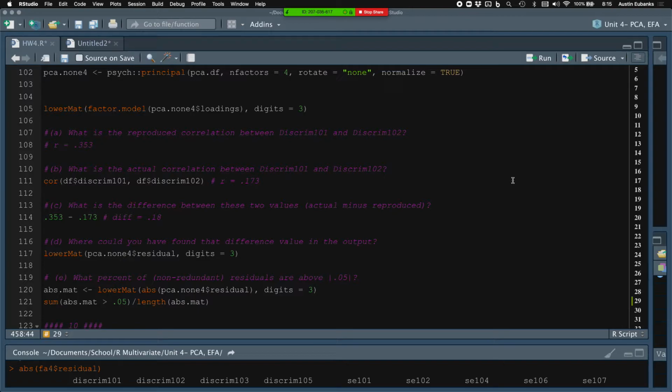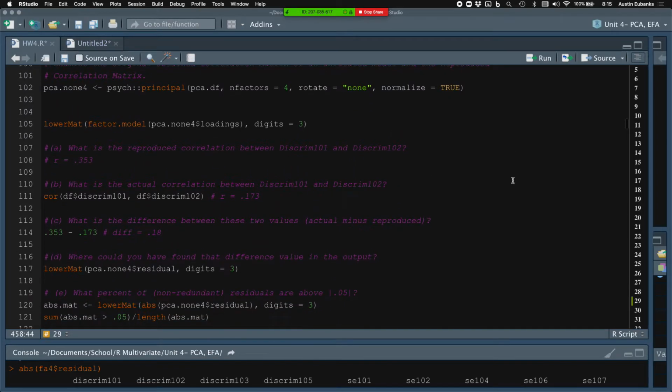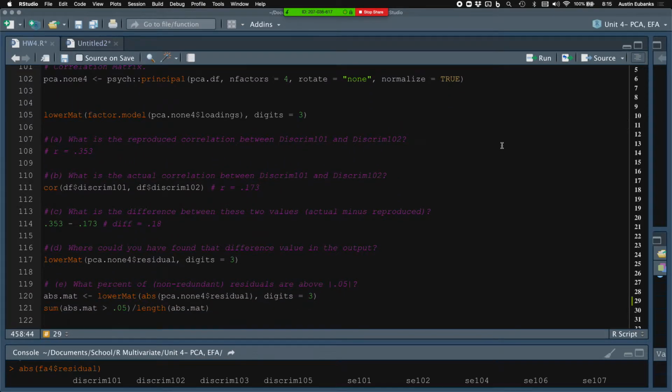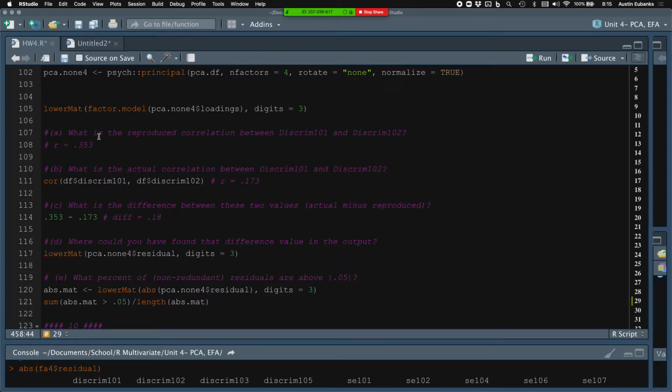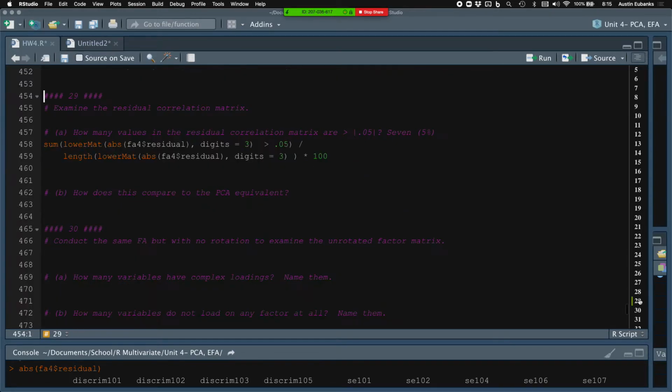Yeah, and if you want to go back, number 9 is where we did this piece by piece, where we looked at the correlation, manually computed it, calculated the difference, and looked at the residual, and that difference was 0.18. So if you want to go back and look, that's where you'll find that.